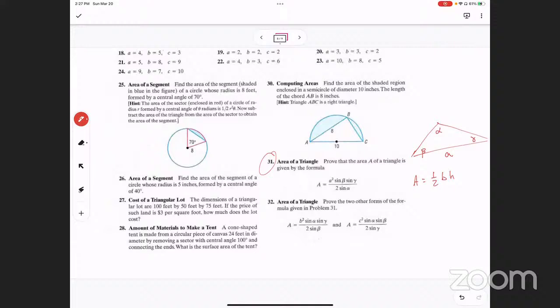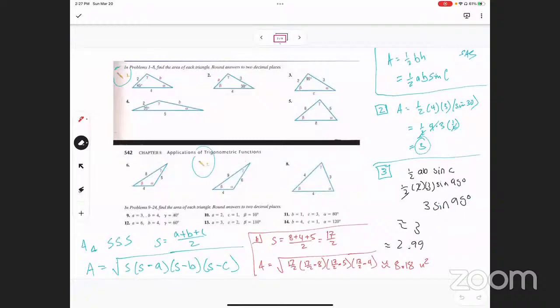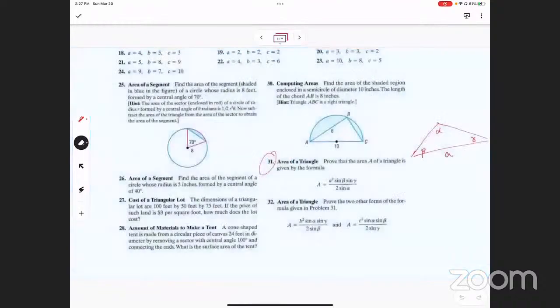So the base is A, the height, I don't know if that's the one that we're going to use. Maybe we're going to use that one, AB sine C. Let's try that one instead.